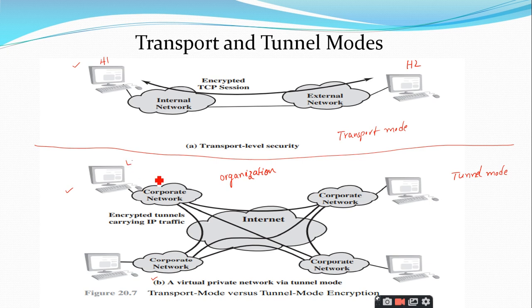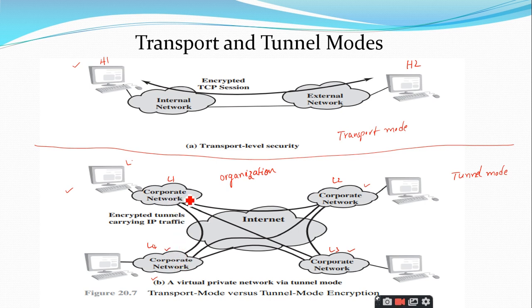So, this is location 1, location 2, location 3 and location 4, let us assume. And every location has its own private network. This is the corporate network or private network. Similarly, at location L1 and L2 it has its own private network, at L3 its own private network, and at L4 its own private network.